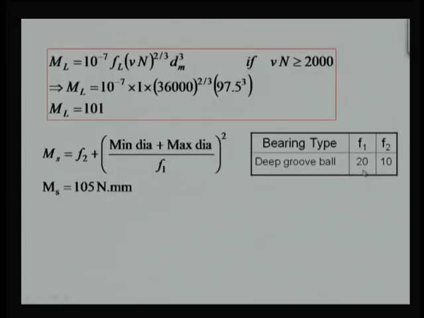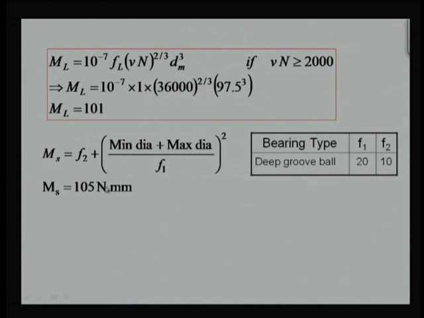The third component is the seal, because we are using 2RS1, and the seal is on both sides. For the deep groove ball bearing, f1 is given as 20 and f2 is given as 10. We will be utilizing this. So 10 will be substituted here. That means whatever the dimension, 10 Newton mm will be the friction moment. Plus, it depends on dimension. We know the minimum diameter is 70 and the maximum diameter is 125. f1 can be figured out from this table as 20.